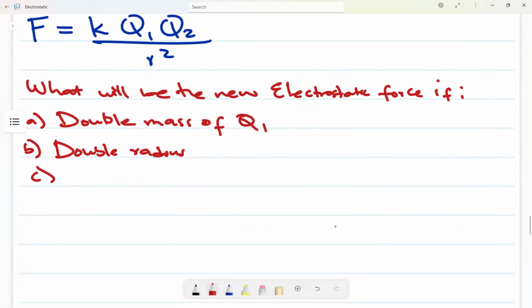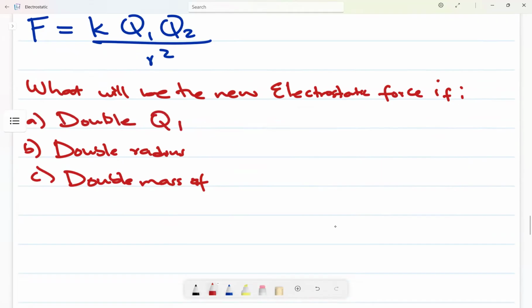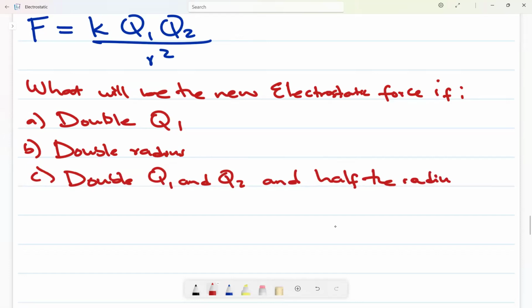I need to consider all options. C, double Q1 and Q2 and half the radius. Here I'm not talking about the mass because now this is electrostatic.